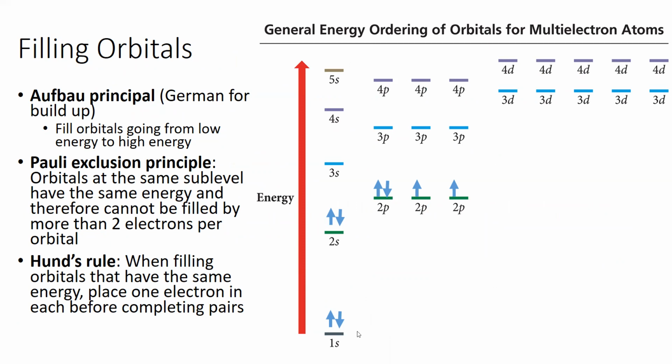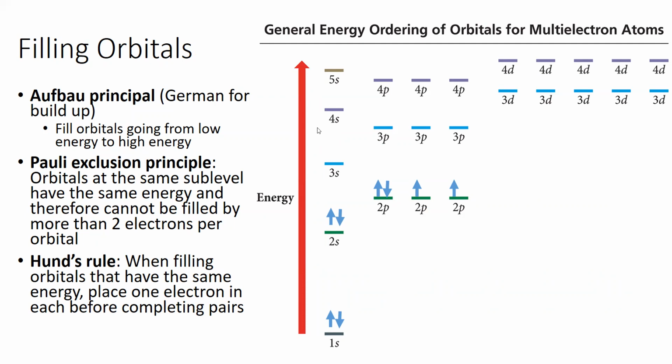And here we have our orbitals lined up by energy from low to high. When you're putting in electrons, you always start low and move up to the next orbital that is lowest in energy.